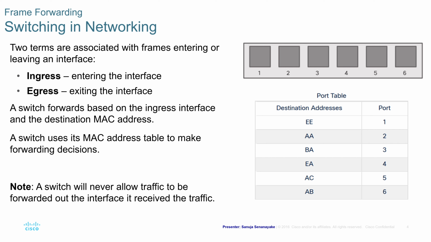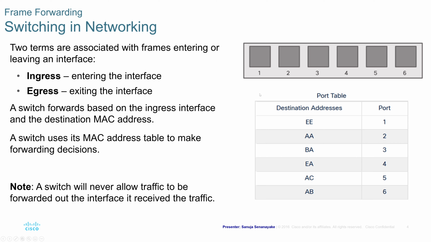And also we have covered the fact that a switch will never allow traffic to be forwarded out the interface it received the traffic on, in our previous lectures in the Cisco NetAcad Introduction to Networks lecture series. Remember, whatever the port or interface on which the data is received, it will not be used to forward that data out.